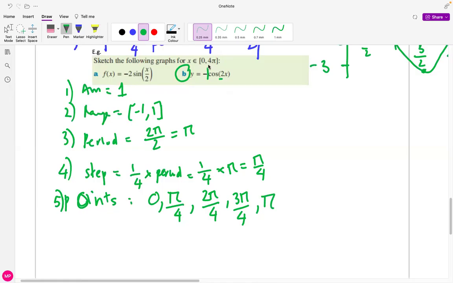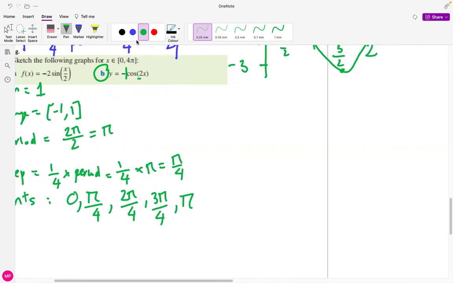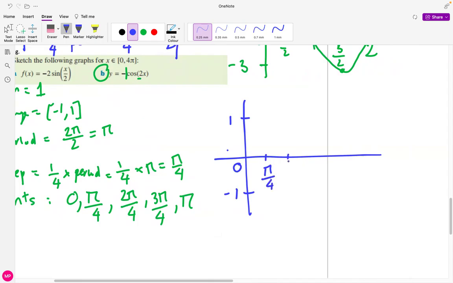Here my domain is 0 to 4 pi, so I do need to keep going, but I'm going to sketch the period first, and I can do that on the graph probably faster. Now, okay, so we have -1 to 1, and then you add in 0, pi/4, 2 pi/4. We simplify that later, okay? 3 pi/4, 4 pi/4.